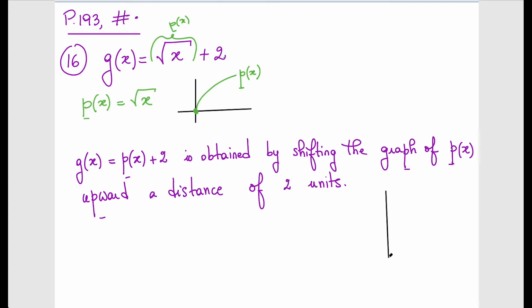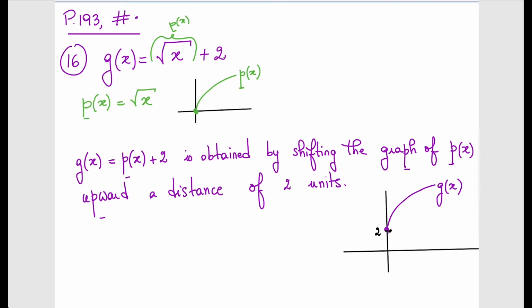So you just create this xy plane, and then the g graph is simply a shift of that function 2 units upward. So you start here instead, and something like this, right? This is the function g of x, and that point here is now (0, 2). It used to be (0, 0). Make sense?